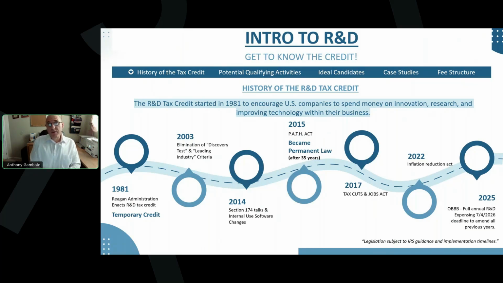As it went through those first few years and decades, it was always renewed. It wasn't something that was around for a long time. It was just renewed and voted on by Congress as time went on, right? It went through some changes in 2003, which made it a lot easier for small to mid-sized businesses to qualify for these credits because they eliminated discovery and testing and all that kind of stuff you needed to do prior to that.